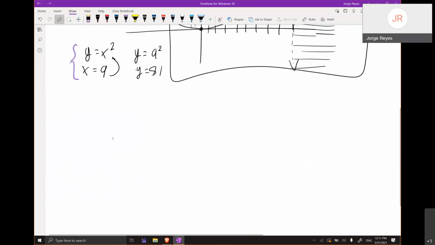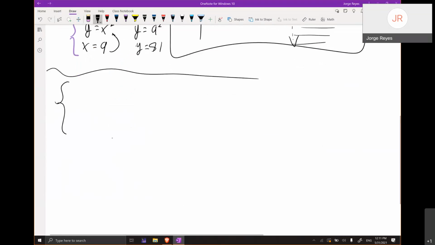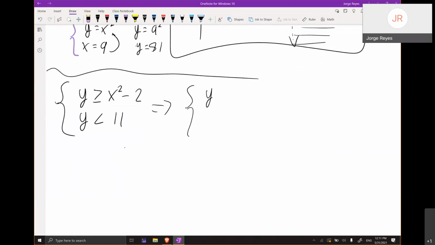Okay, and let's just do some more examples here. Let's have this system: y greater than or equal to x squared minus 2, y less than 11. So I have to graph y equals x squared minus 2 and y equals 11.